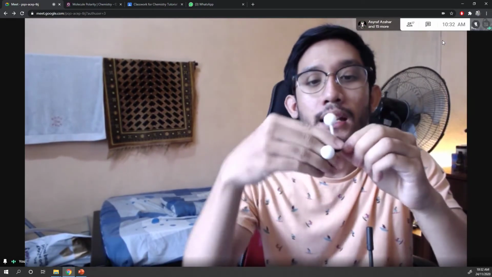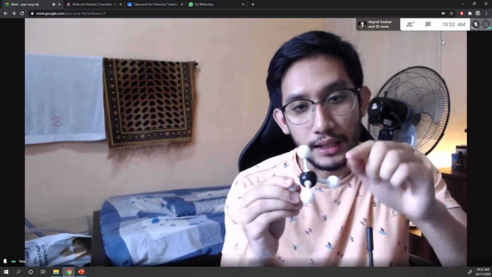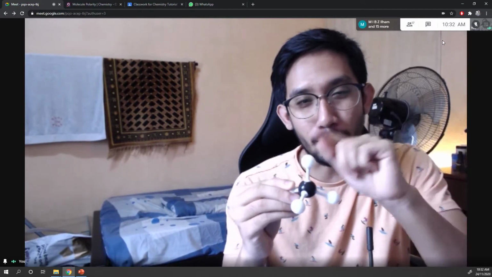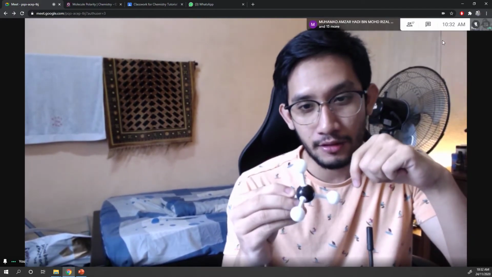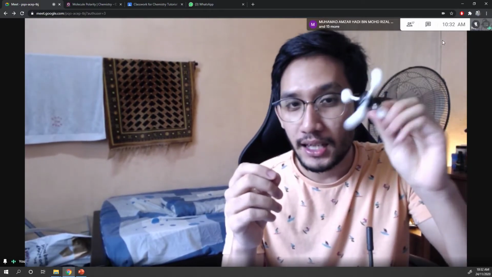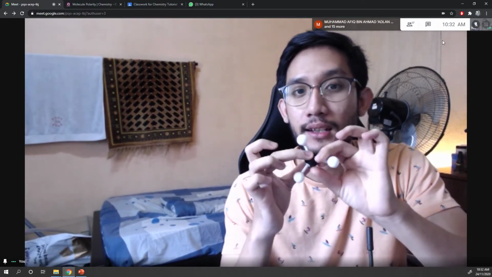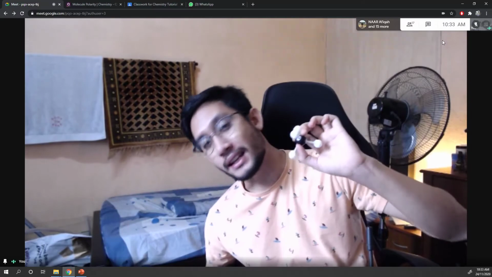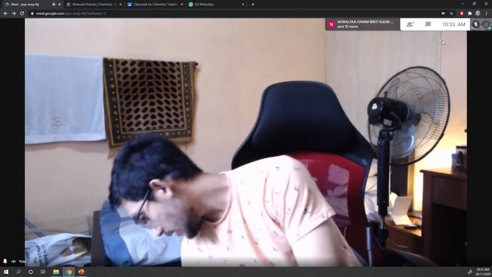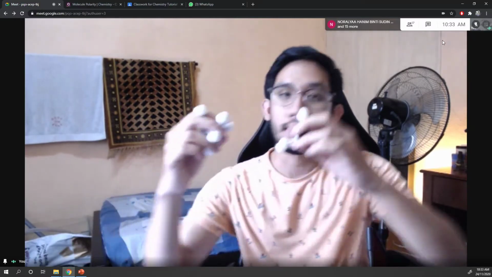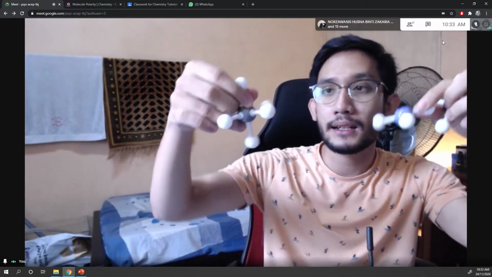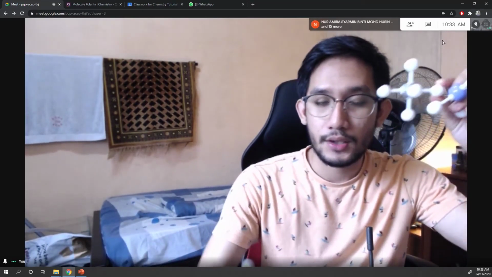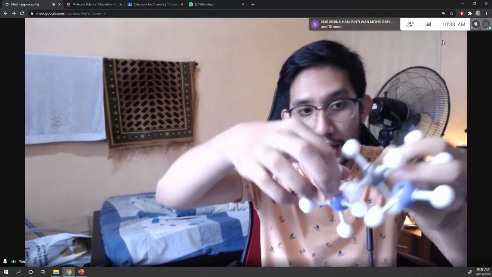If everything is pointing like that, actually when we calculate, you studied physics where you have to calculate vectors, with cos and sin, you need the angles. When we calculate with the angles, it will cancel out each other. That's why basic shapes will all cancel each other. So whether we have linear, trigonal planar, tetrahedral, octahedral, trigonal bipyramidal, any of those basic shapes, it will cancel the dipole moment.